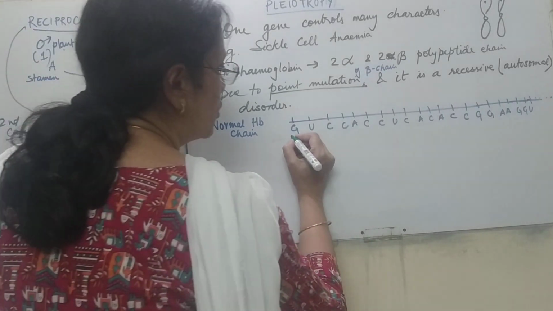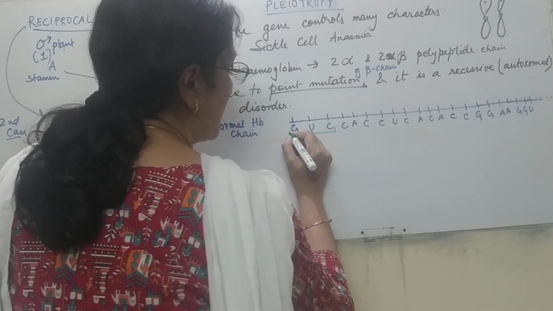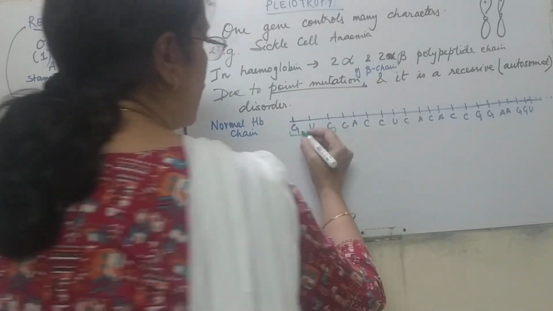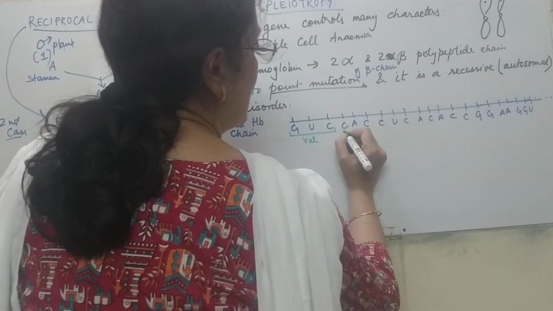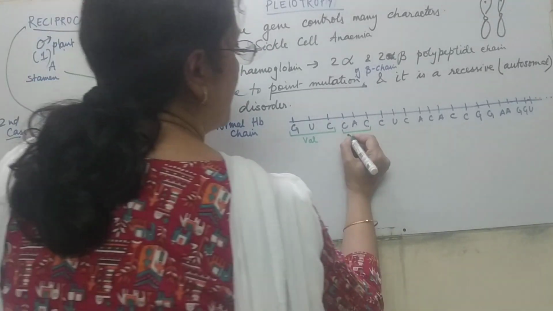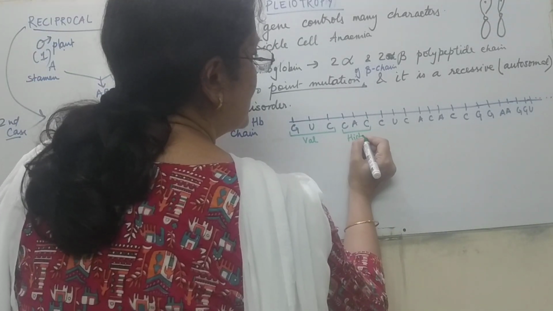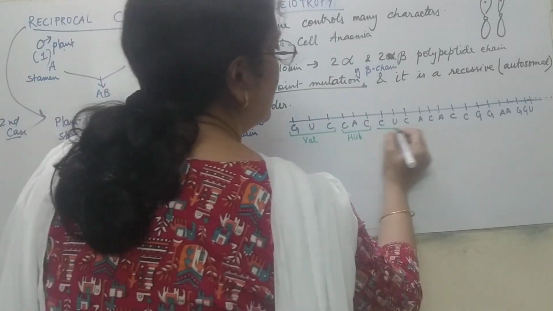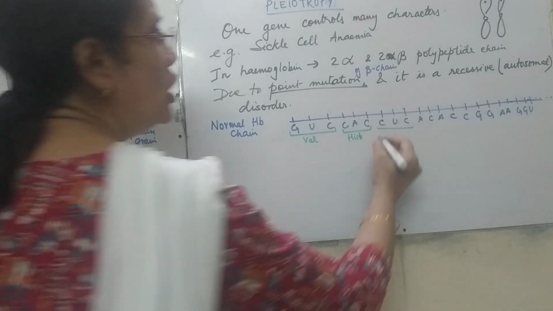So the first three are going to code for valine. The second one is going to code for histidine, HIS it is written. The third one is for leucine.